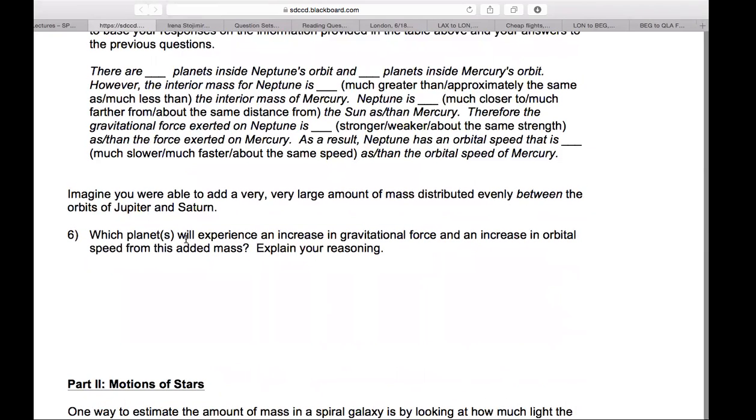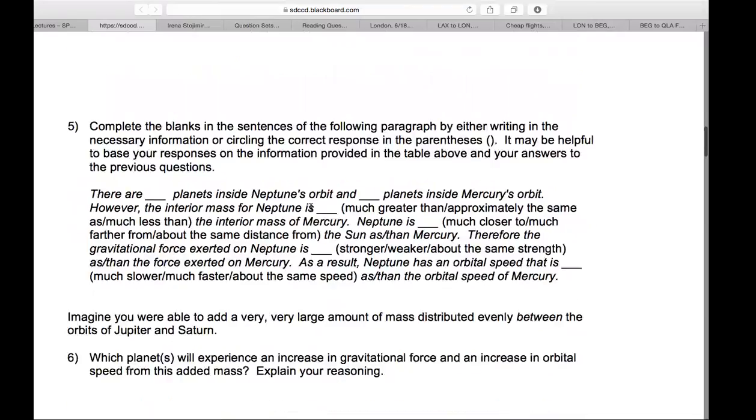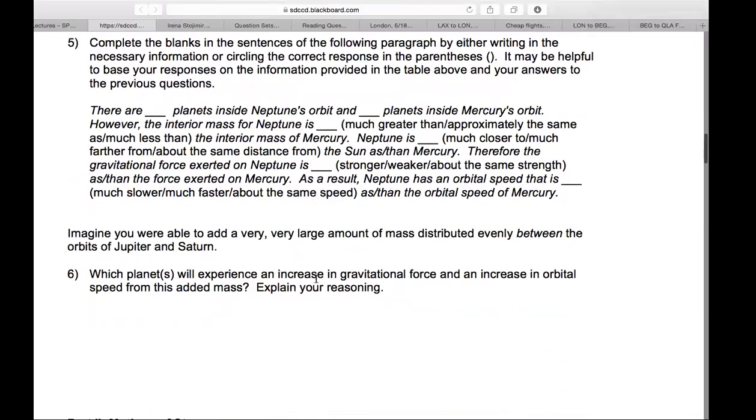Okay, what do you say about this question 6? Oh, that one is a guess. Which planet? I would think Jupiter because it's the bigger one. I put Jupiter because it has more mass and is closer to the sun than Saturn. Okay, fine. But which planet will experience an increase in gravitational force and an increase in orbital speed?